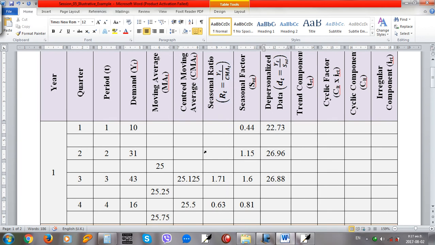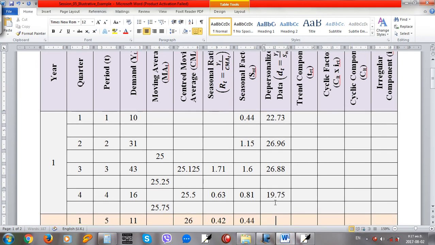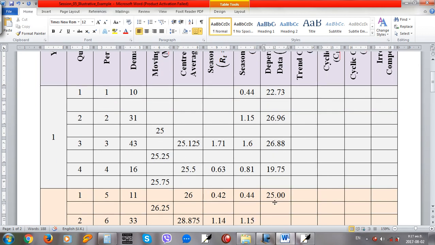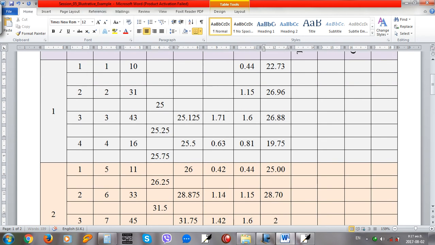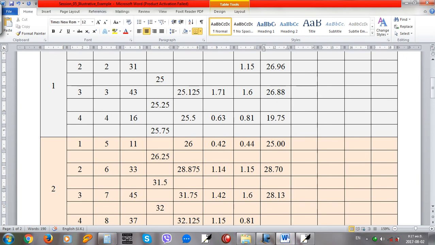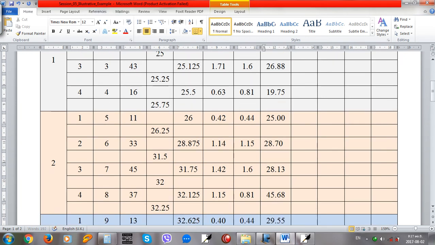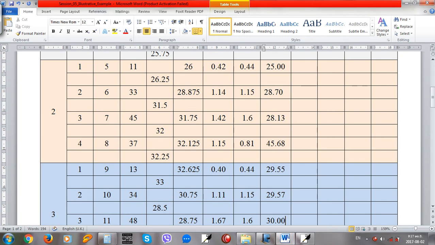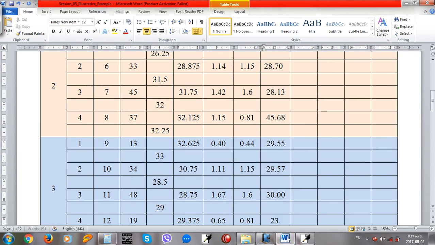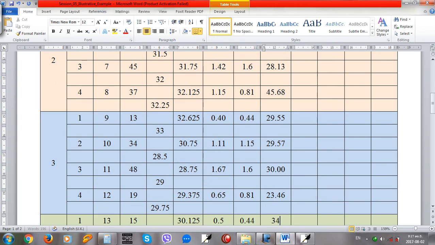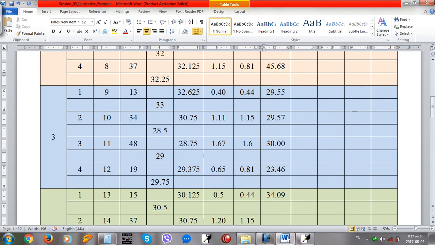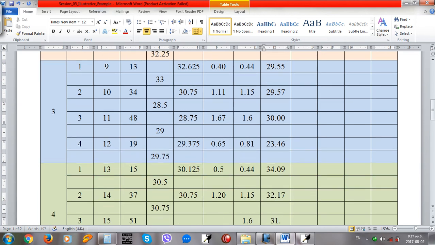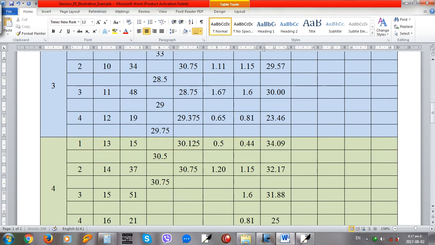Then you can take the values for the other rows as 19.75. Now we found the deseasonalized data.